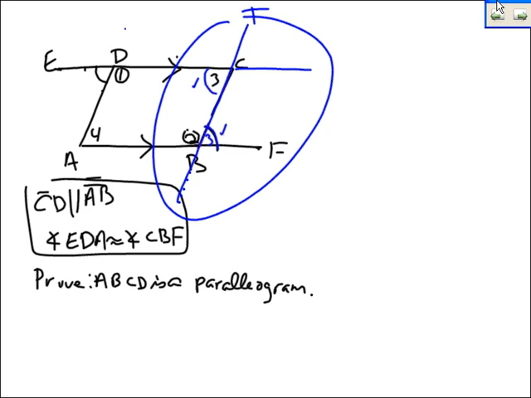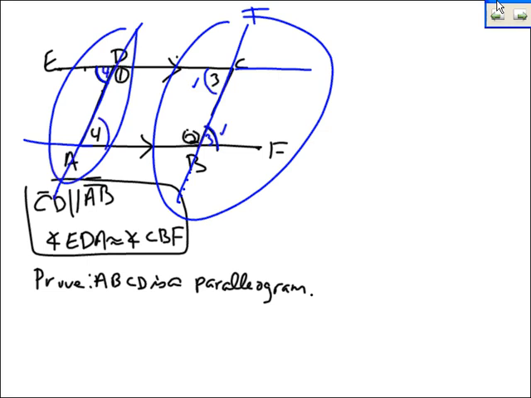Okay, now let us come over here. Now, again, here is a transversal. I could extend it. I can even extend this. This angle and that angle are both interior, and they are on opposite sides of the transversal.